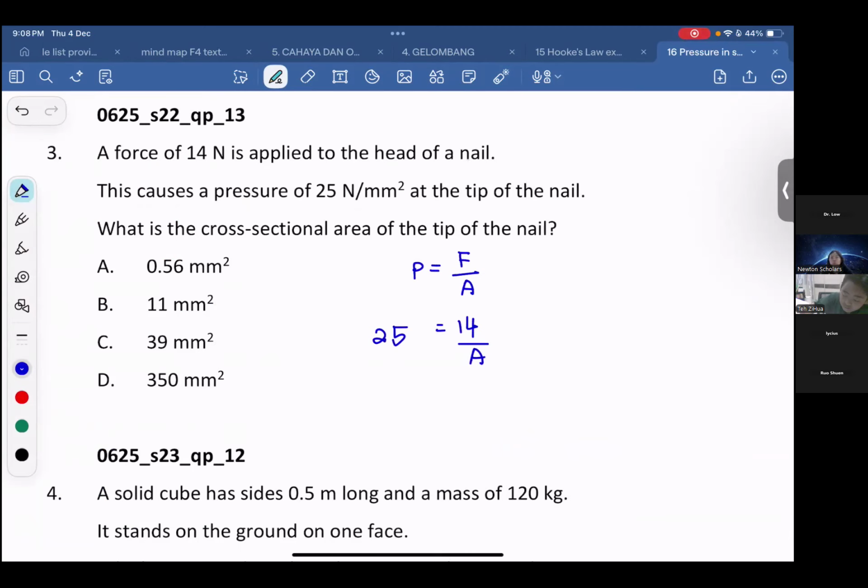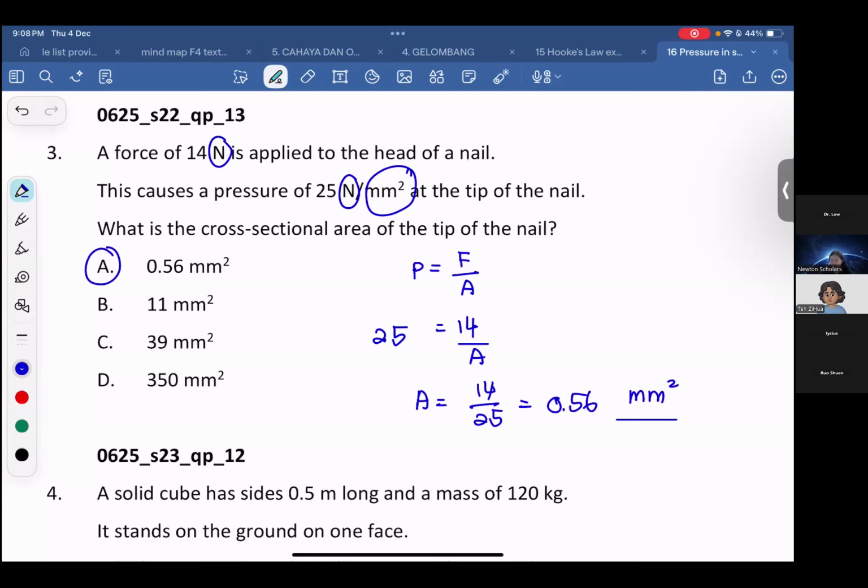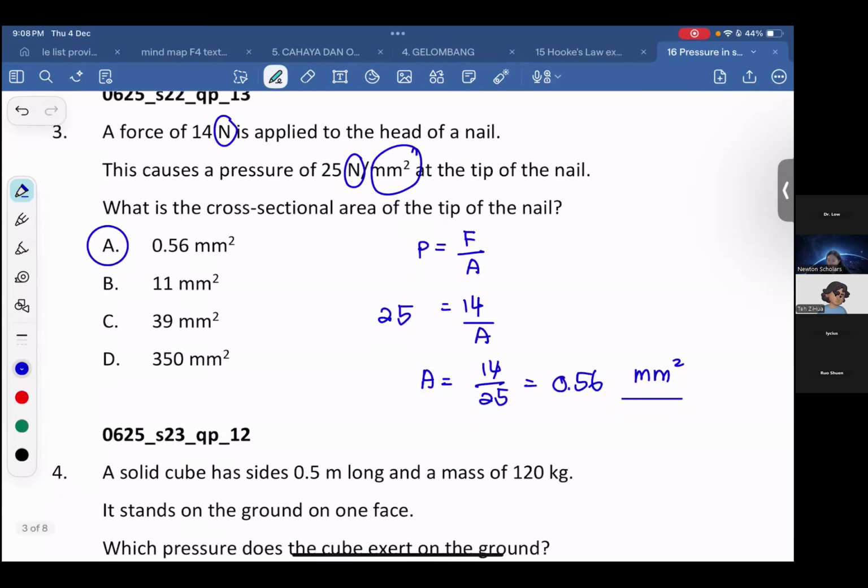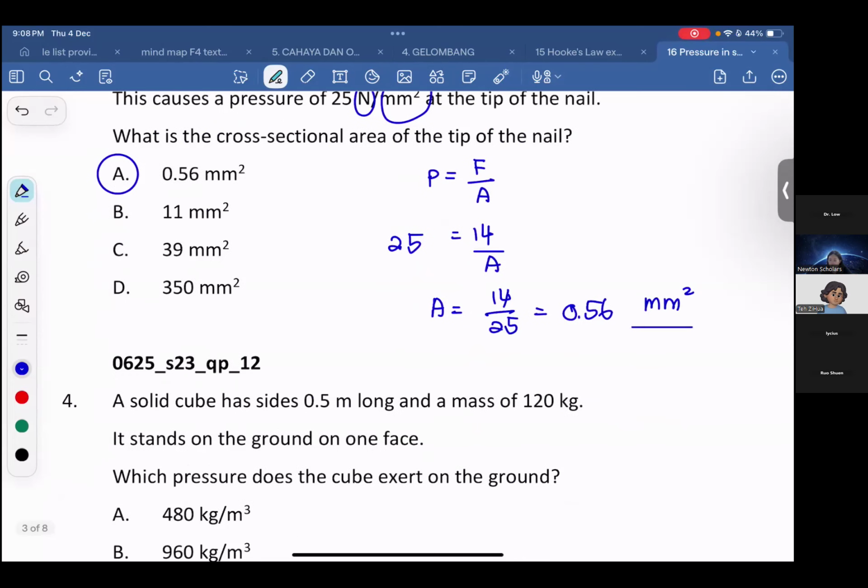You don't know how to move the value, divided by what. So here, your answer should be 14 divided by 25. It should be 0.56. If this is not MCQ, you have to think what is this unit? How do I know? Newton per mm squared. So this is mm squared. You don't just write m square, you have to be careful and check. Okay, you all are answering correct. So the answer is A. We go to the next question, number 4, 2023.